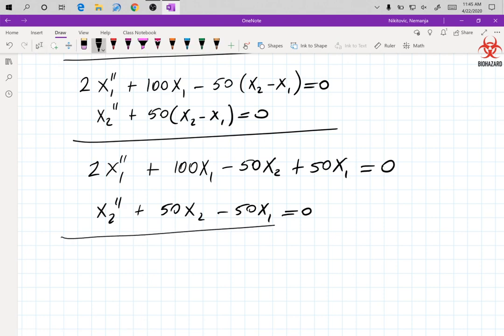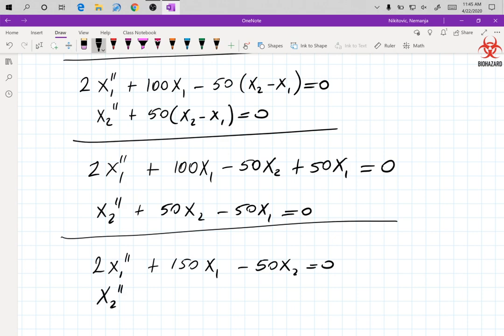I need those matrices, so I have to do all of this mess. Now, 2 x1 double prime, and for x1 I have plus 150 x1 minus 50 x2 equals 0, and for the x2 double prime I just have minus 50 x1 plus 50 x2.